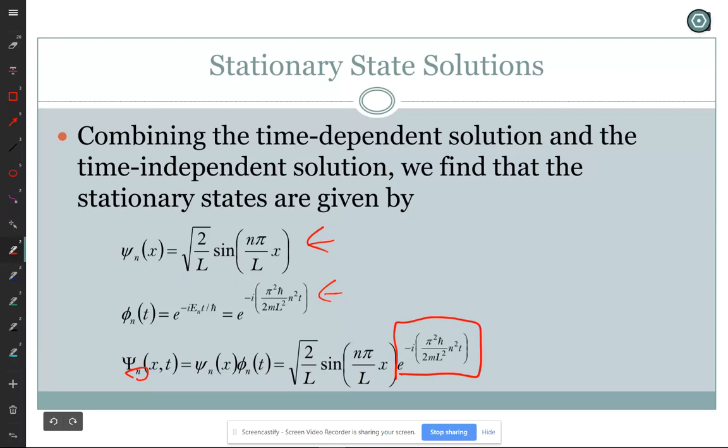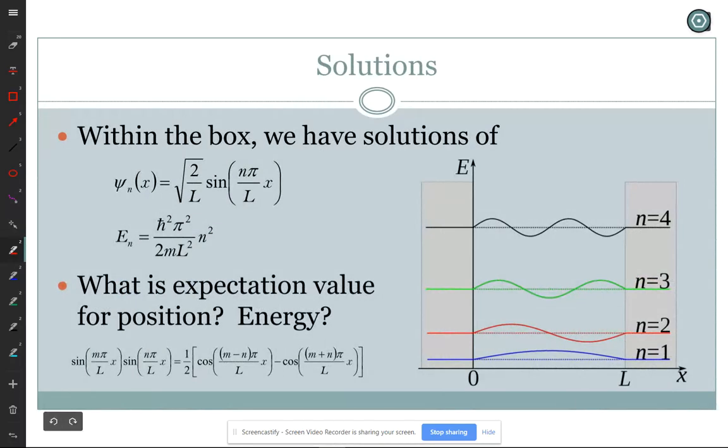This is specific to the energies of this system, though. So we have our complete solution. Here's a graph of what the first 4 states look like for the wave functions. Now, in this graph, the colors separate which one is n equals 1, which one is n equals 2, and so on. The vertical spacing is indicating where the energies are.